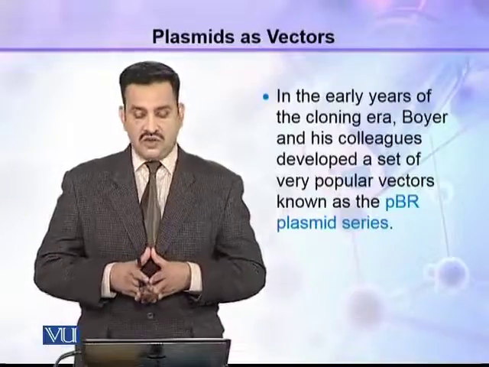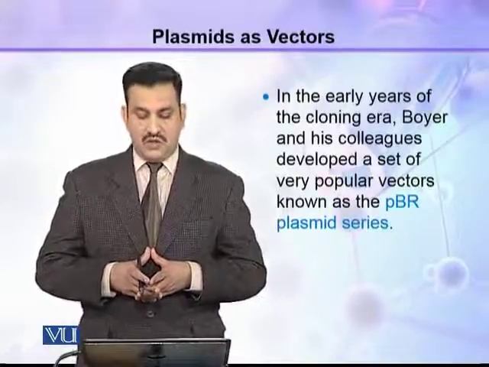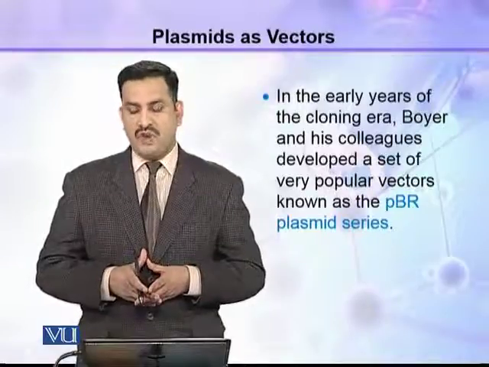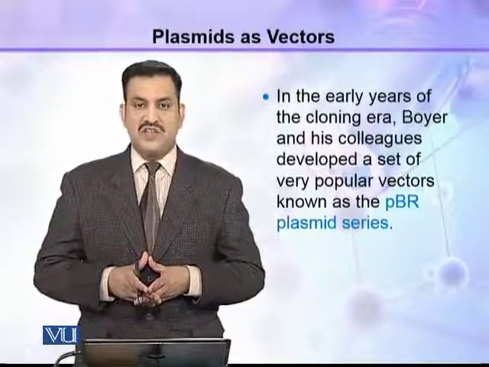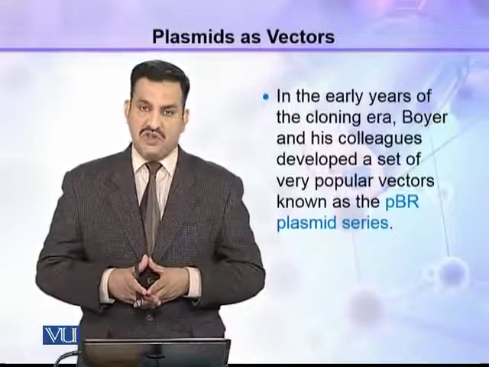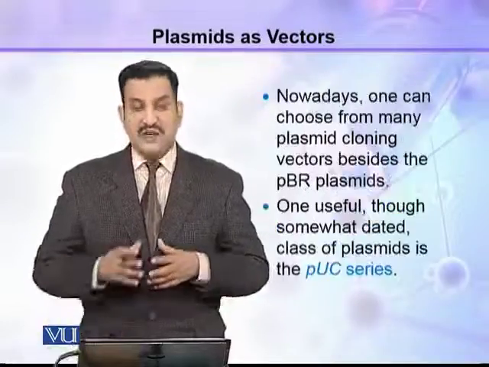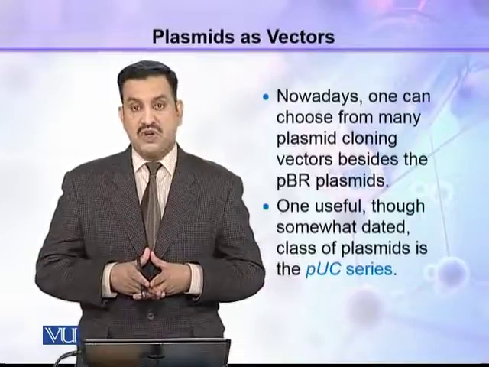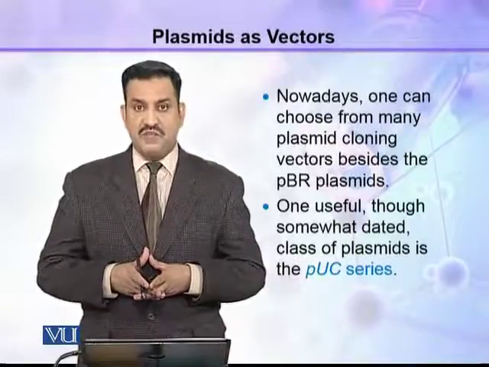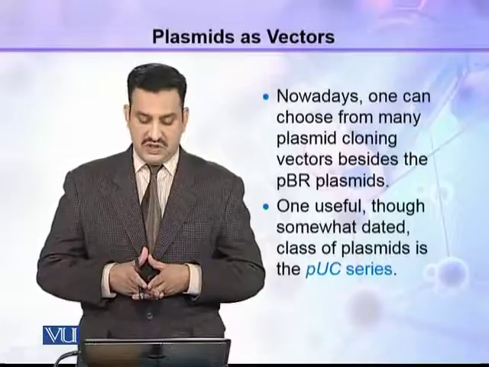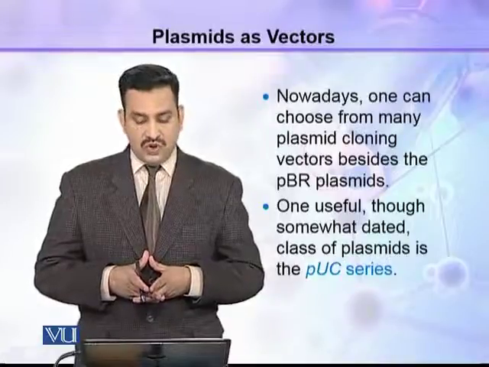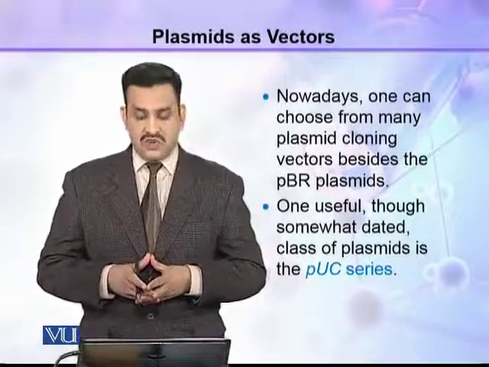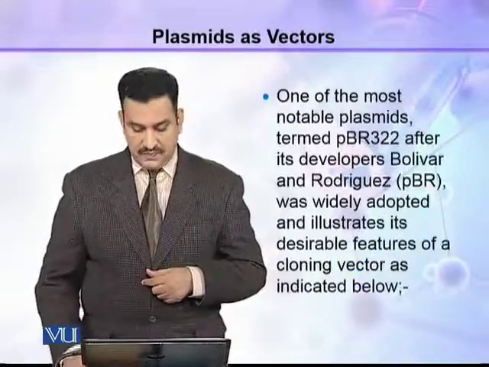In the early years of the cloning era, Boyer and his colleagues developed a set of very popular vectors known as the pBR plasmid series. Nowadays, one can choose from many plasmid cloning vectors besides the pBR plasmids. One useful, though somewhat dated, class of plasmids is the pUC series.